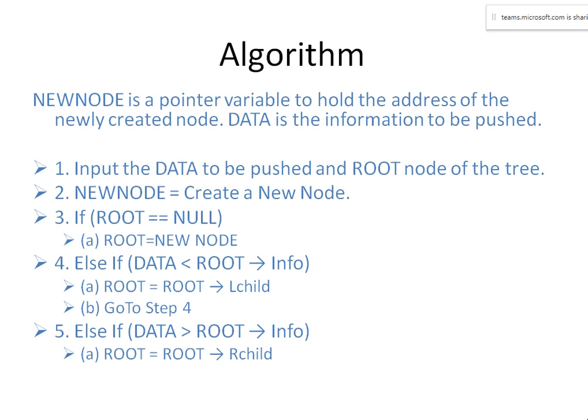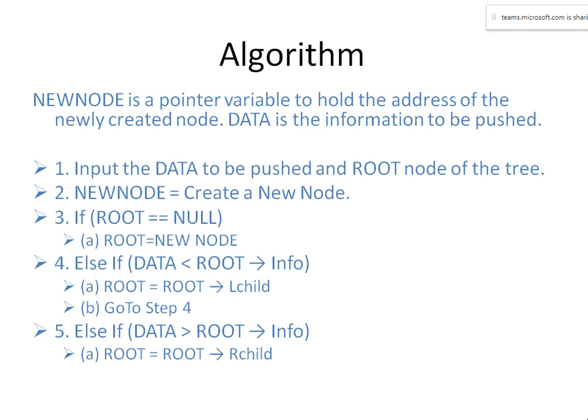Step number 4 says that if the step number 3 condition is false, then go for step number 4 and check if the data to be inserted is less than the root node value.